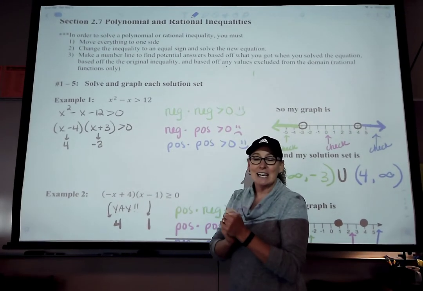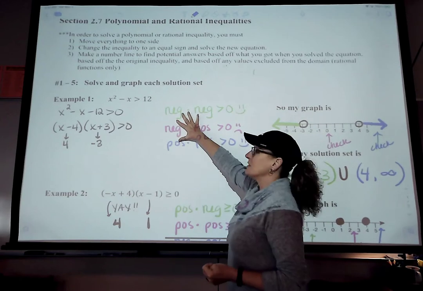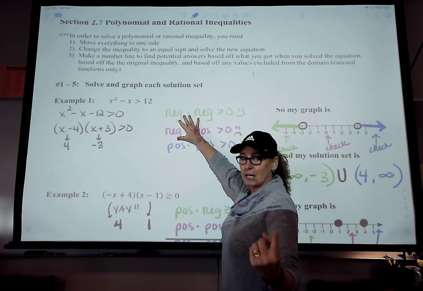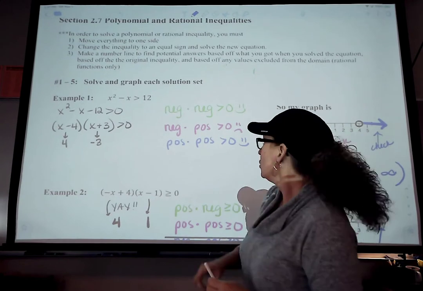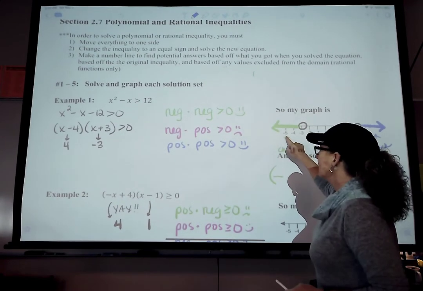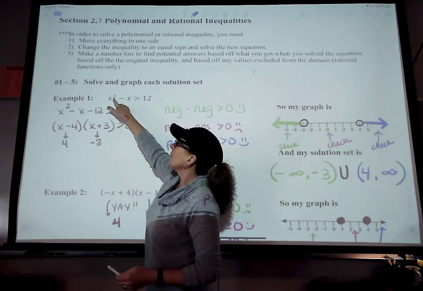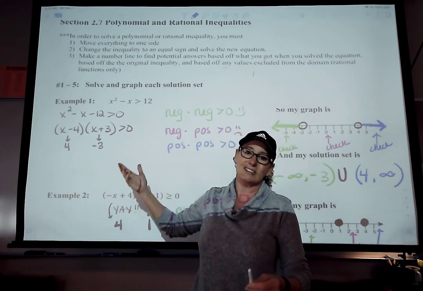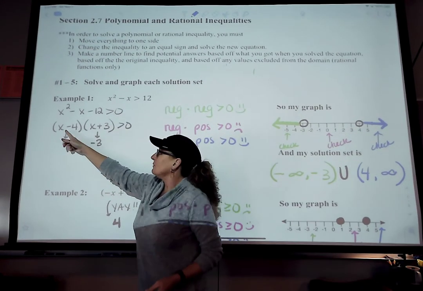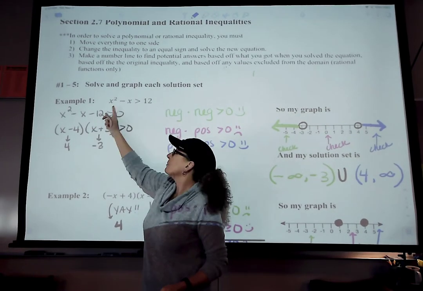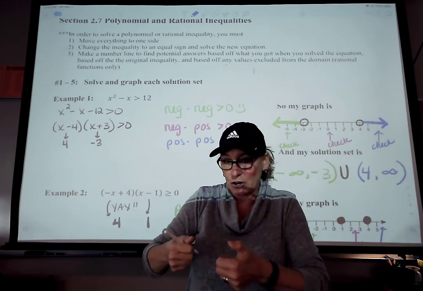So, if you would rather strictly rely on your calculator, here's what you can do. You can pick a number in the green region and sub it into your original. Well, you can sub it in anywhere, but if you sub it in the factored version, you have a lot more typing to do. If you sub it in the original, there's not as much typing in your calculator.